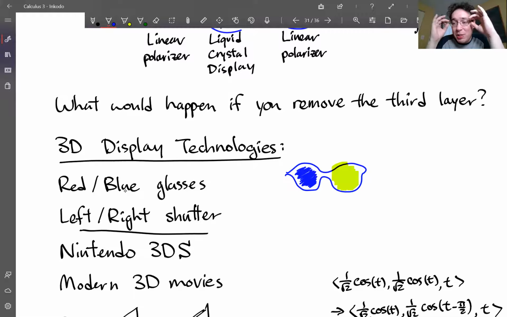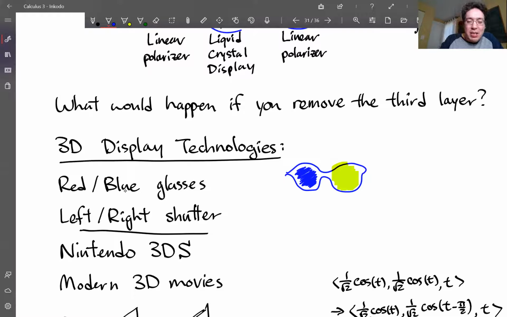And you have special sunglasses with a shutter that goes back and forth, and the left and the right eye open up, taking turns, synchronized in such a way that you see the left image through your left eye and the right image through your right eye, and it's going so fast that you could see the image. So I don't know how well this works, but you could have a technology that works that way.